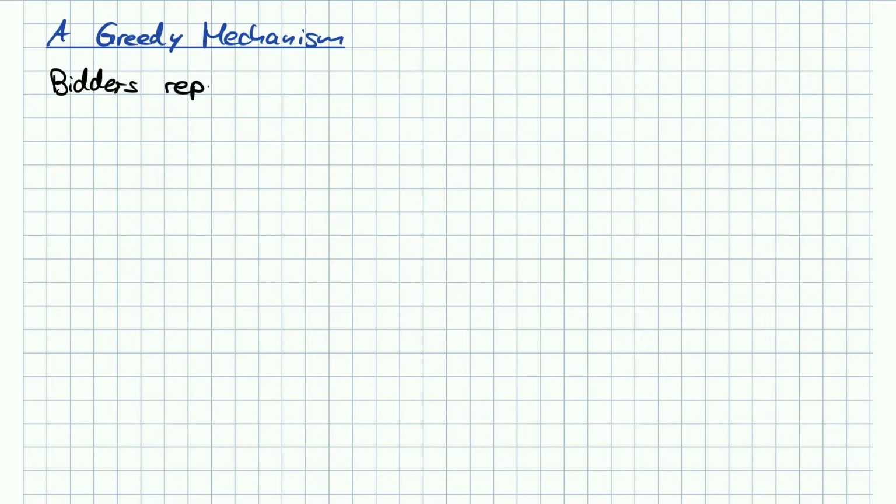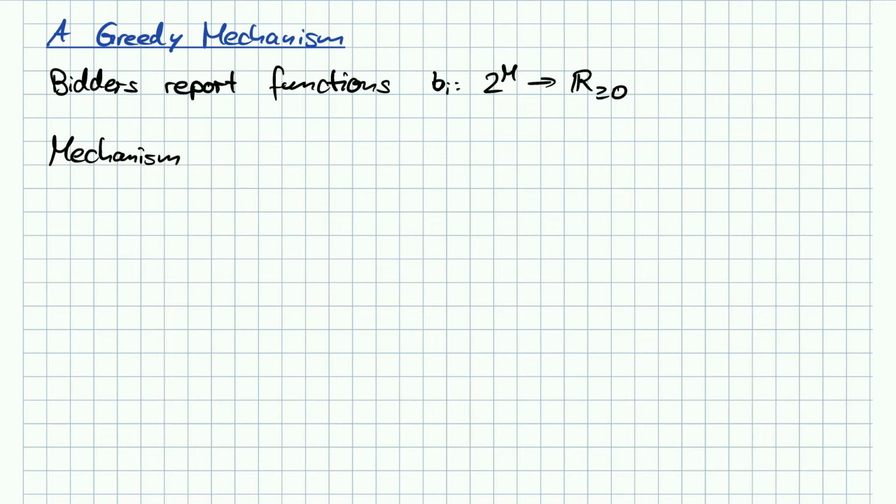So bidders report functions b_i mapping from the power set of all items to the non-negative reals. And our mechanism is now: first thing is to collect the bids.